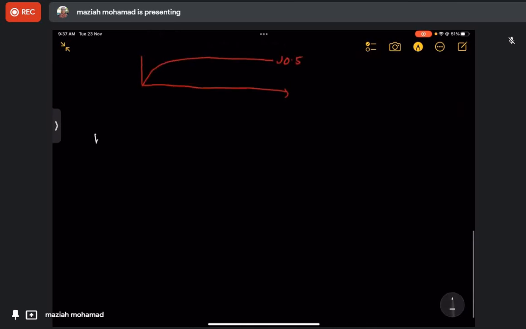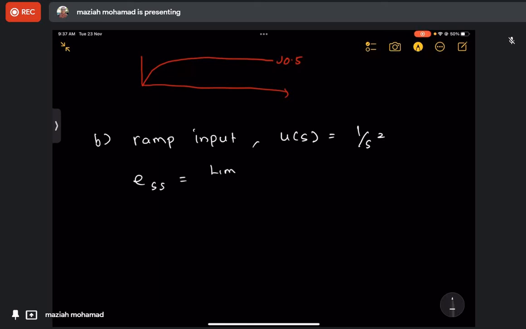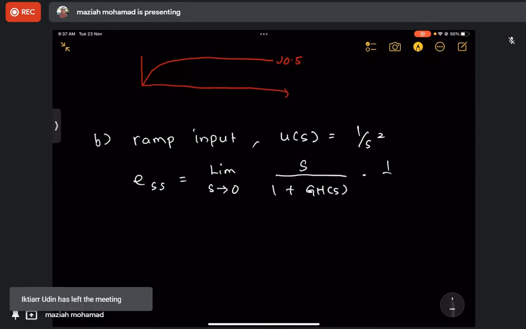The second input is the ramp input, R(s) equal to 1 over s square. Again, we do the same. Steady state error is equal to the limit as s goes to 0 of s divided by 1 plus G(s)H(s), multiplied with the input, which is 1 over s square.